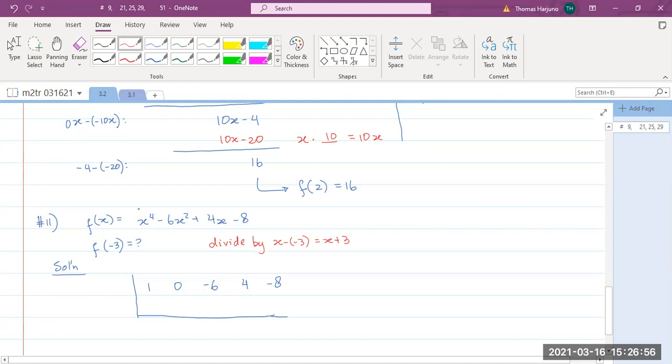The c will be negative 3. The number you put here is the opposite of that one, because we have x minus c, so the c is negative 3.